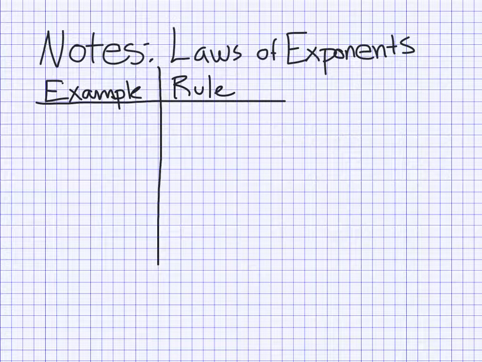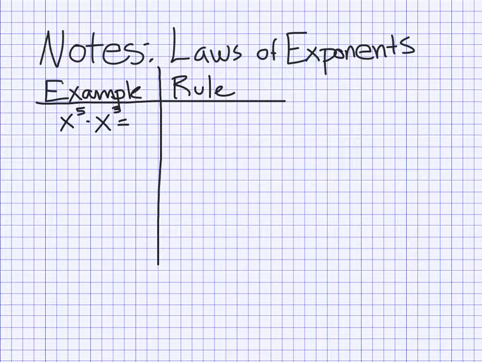So let's go ahead and start out with one like we were doing yesterday, where we had, let's say, x to the 5th times x to the 3rd. And I want you to write down, based on what you learned yesterday, the patterns that you noticed.